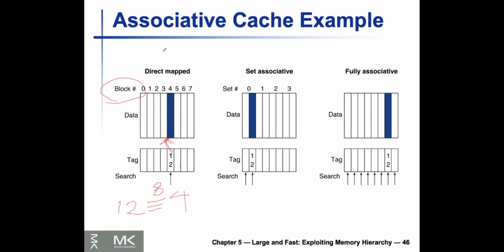The second class: the second and third are sort of in the same family because they're dealing with associativity, right? So this is one side of this spectrum. Exactly on the opposite side, where you can find this anywhere in your cache, it's called fully associative.